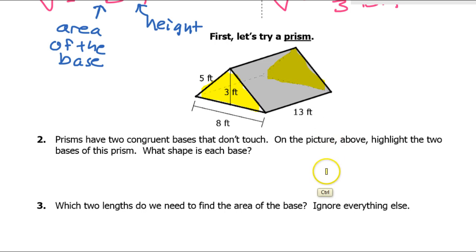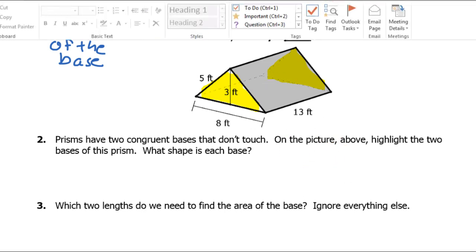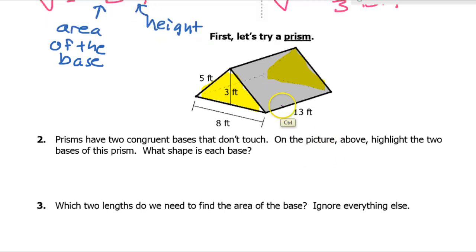The height of this prism is the distance between those bases. So please understand that the height of the prism is 13, not 3. That's a common mistake: to go, oh, look how tall the prism is. It's 3 feet tall, and students will use 3 as the height. No, no, no. For a prism, it's the distance between the bases, so 13 is going to be the height.